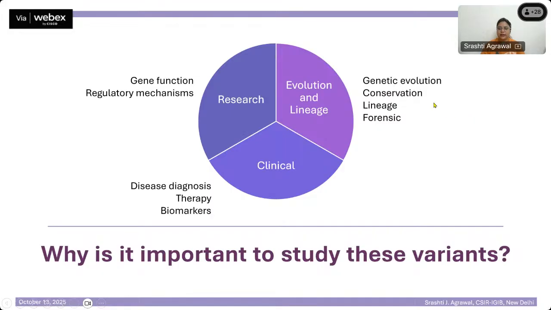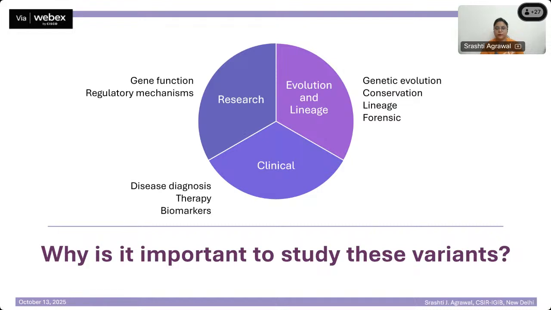Also, to understand the conservation of specific proteins or protein domains or genes in general, to understand how they are conserved from our ancestral species to us, it is important to understand certain genetic variations or to understand the familial lineage. For example, if we want to know which race we are from or which group we belong to, these genetic variants can help us understand the lineage as well.